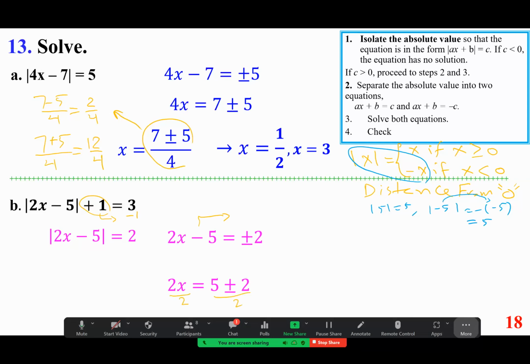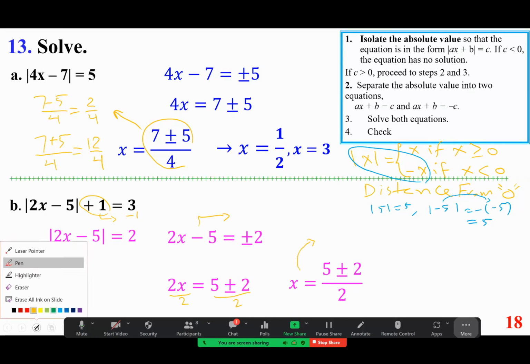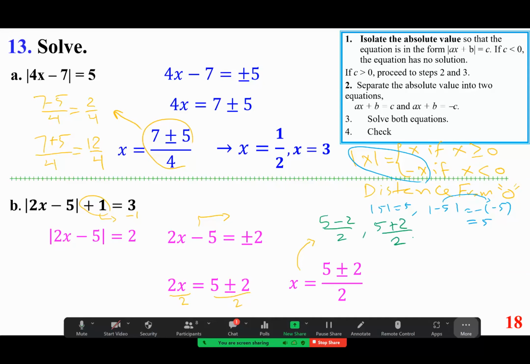We divide everything by 2. And of course, we're going to combine it. So with a different color, I can say 5 minus 2 over 2 and 5 plus 2 over 2, 3 halves and 7 halves.